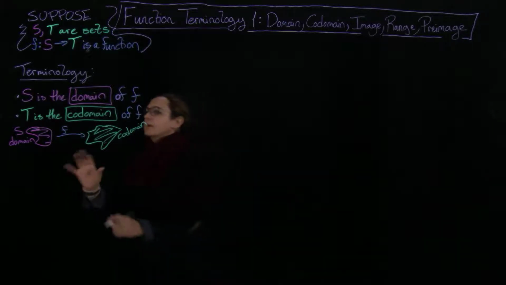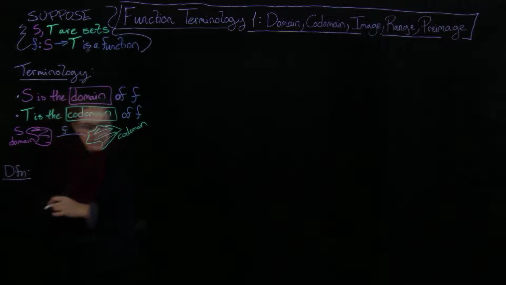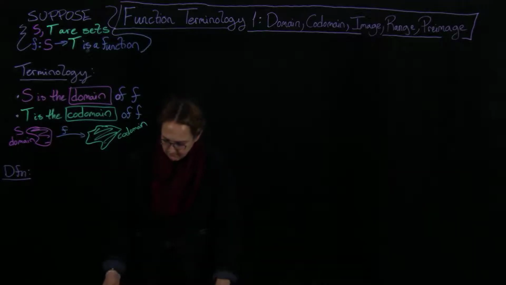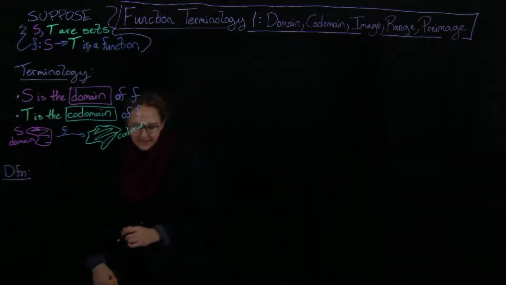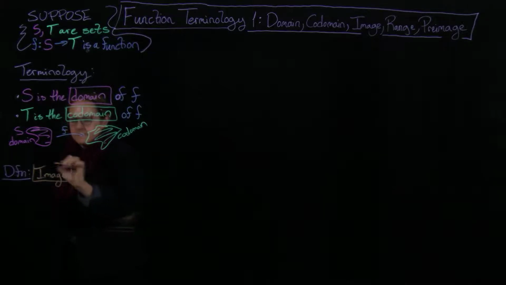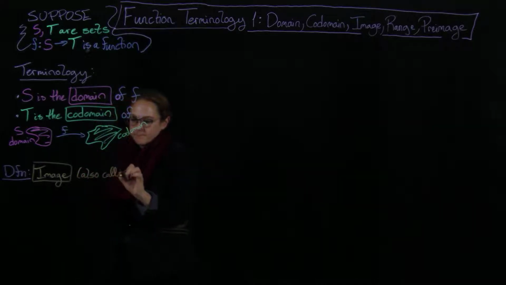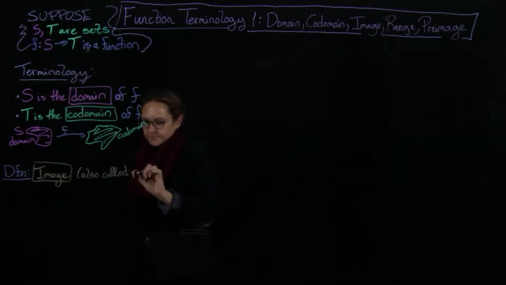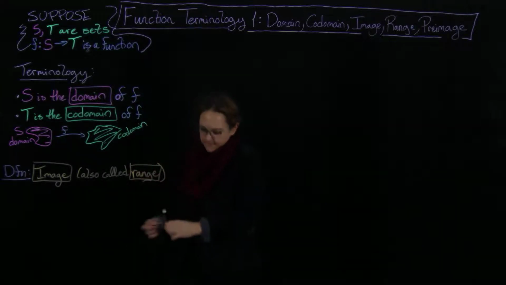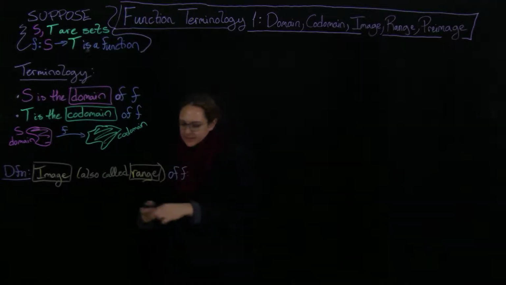So definition. The image of f, which is also called the range, it's just another name for it, is going to be a particular set, and it has some notation.